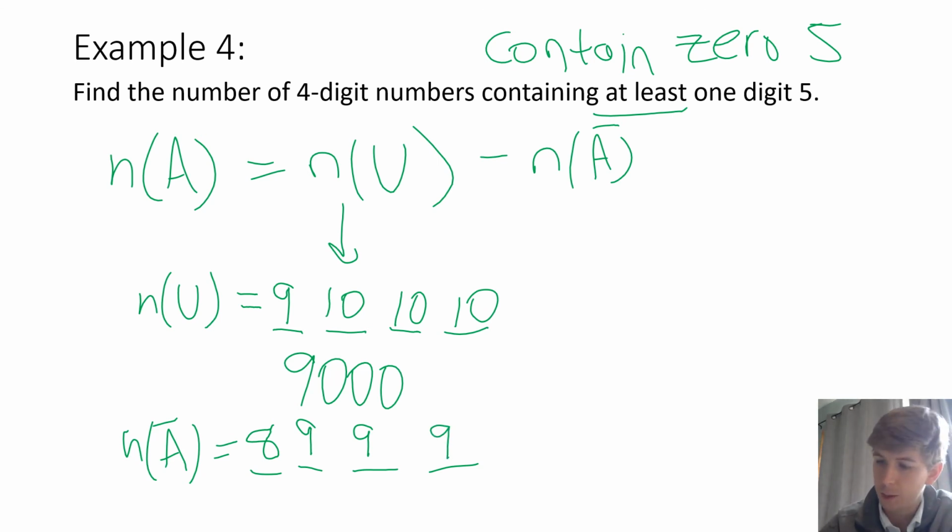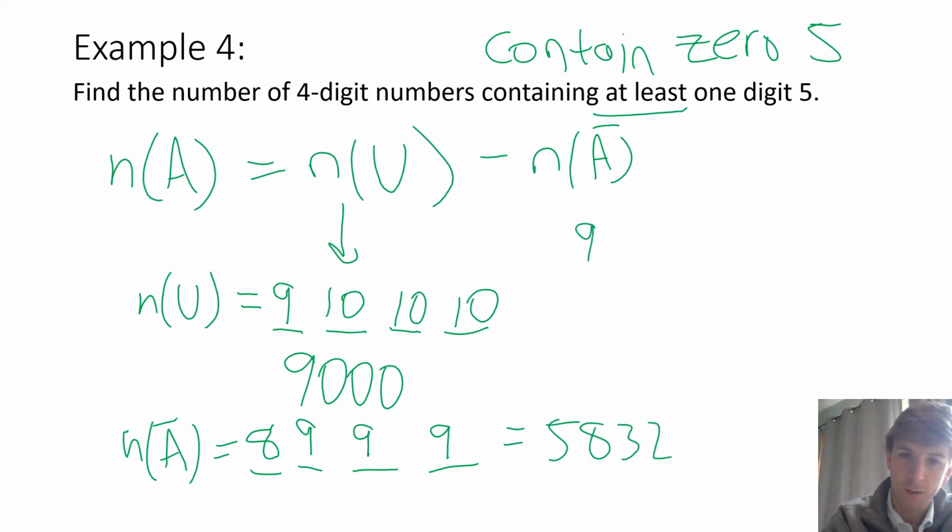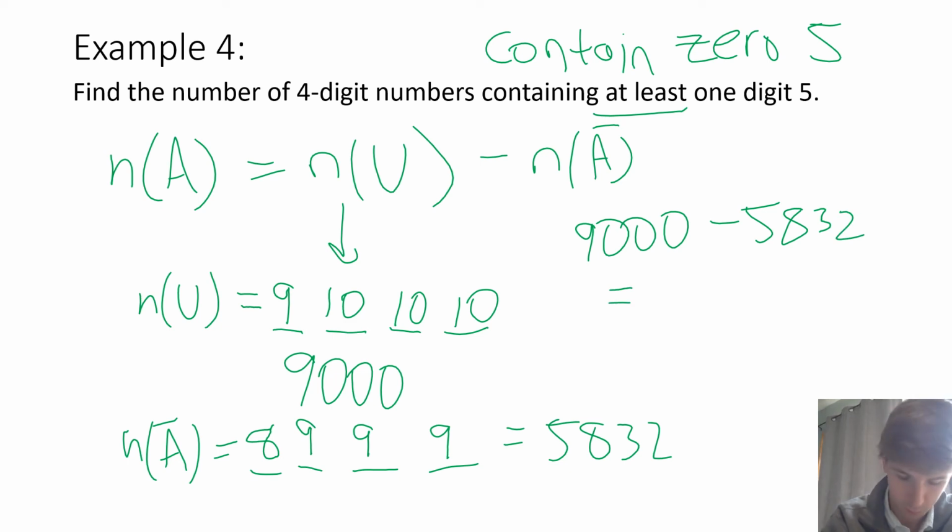So that's 8 times 9 cubed, which gets us 5,832. To figure out the number that contain at least one 5, we do 9,000 minus 5,832, which gets us 3,168.